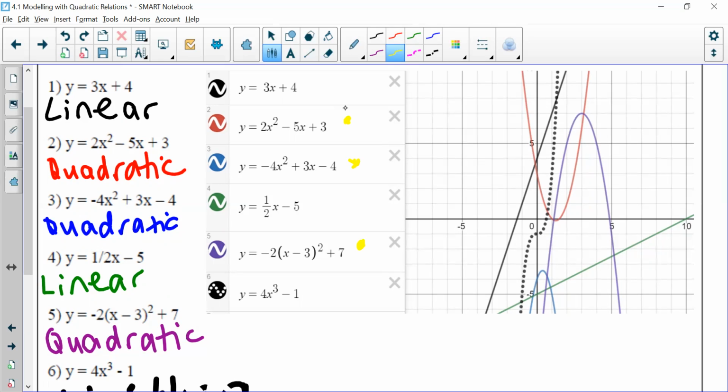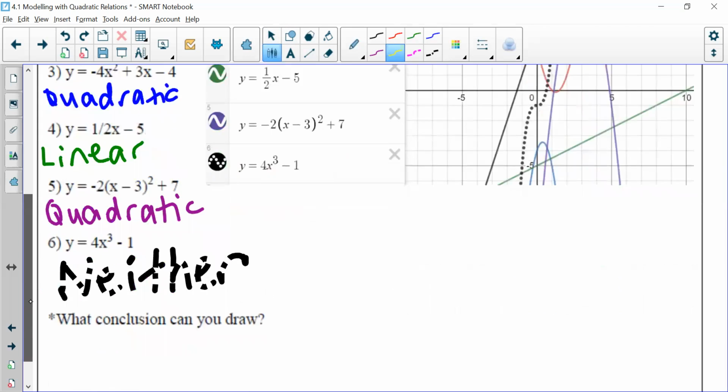Yeah, they have a square. That's what makes it come up and then go down, or come down and then go up. That's what makes it have the curve, is the square, the exponent of 2 on it. And we only have one neither one. The neither one is the last one. What's different about the last one? It's a cube. Exactly. It has an exponent of 3.